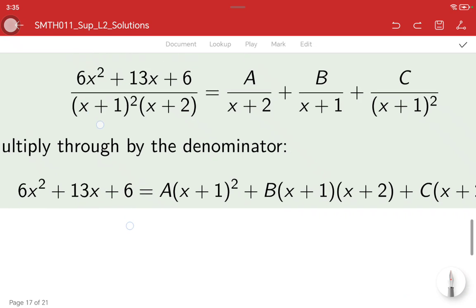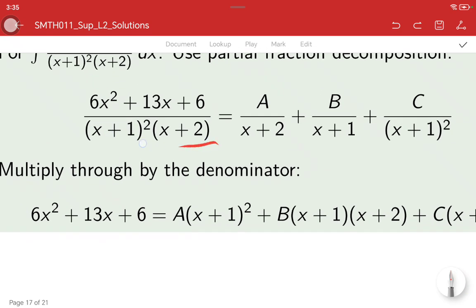But we check something here. This denominator, let's say I equate this denominator to 0. Even when I equate this denominator to 0, I'm going to get that x is equal to -1 or x is equal to -2.